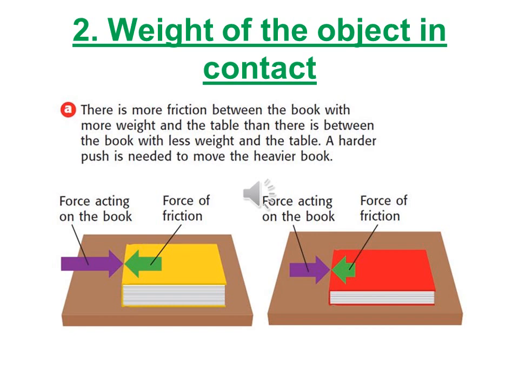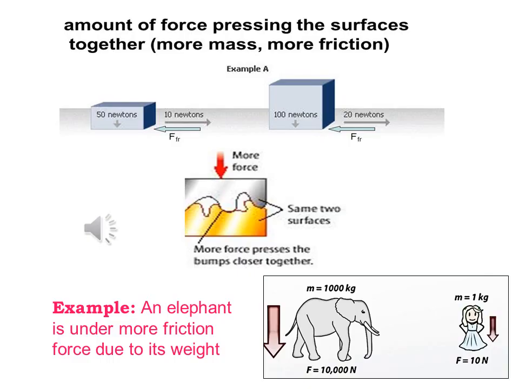That is due to the weight. When the weight is increased, the friction will be more. So the friction produced by the box with the stones is more when compared to the friction produced by the empty box. So the weight of the object also decides whether the friction will be more or less. If the weight is more, the friction will be more.